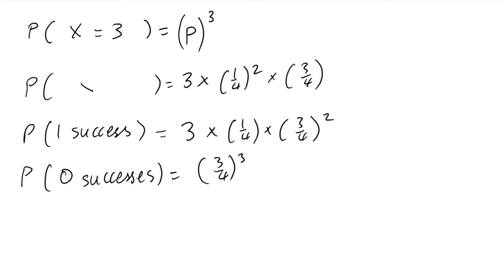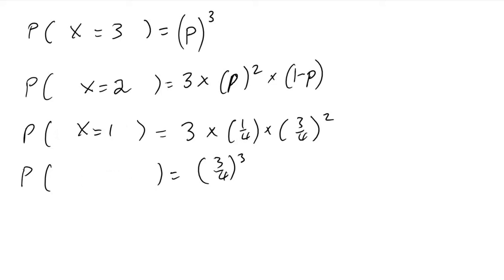In this case, the number of successes we're now interested in is 2, the probability of success is p, and the probability of failure is 1 minus p, because success and failure are complementary. And then we've got x equals 1 and x equals 0, and if we do the same substitutions, we end up with this.